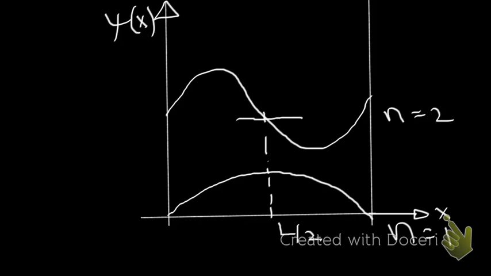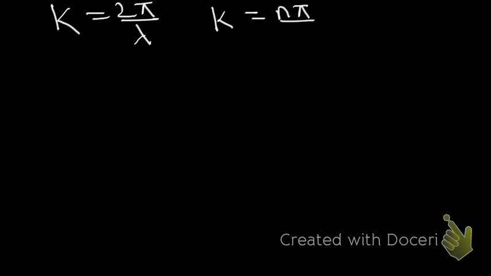Okay, so we can now relate our wave vector and the wavelength of these wave functions through a relation we know for k, that k is equal to 2 pi over lambda. And we've also just said that k is n pi by L. So we found this out.